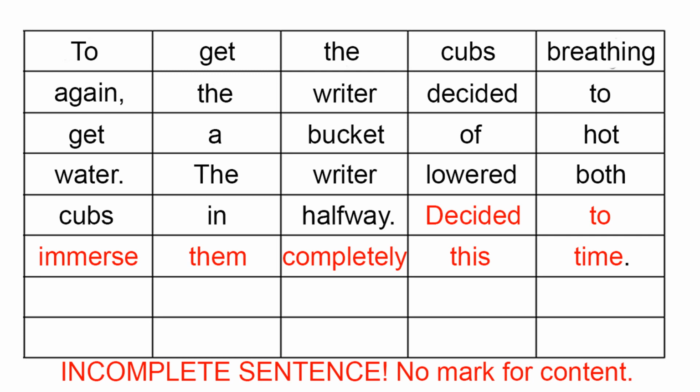So how do we change this to make it a complete sentence? Remember, if a sentence is incomplete, your content point mark is not awarded, meaning you do not get marked for incomplete sentences. So how do we change it? Remember the writer? So yes, we start with the writer.